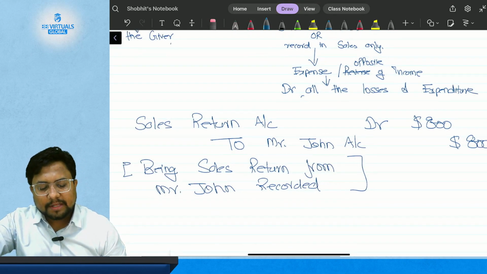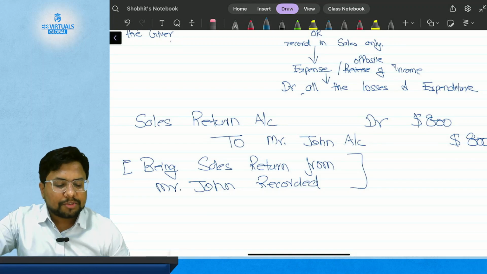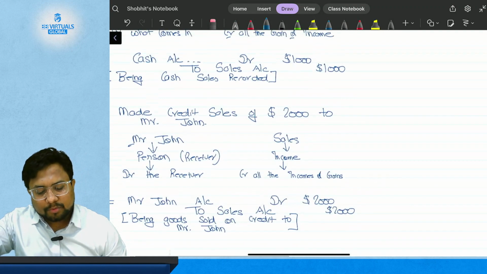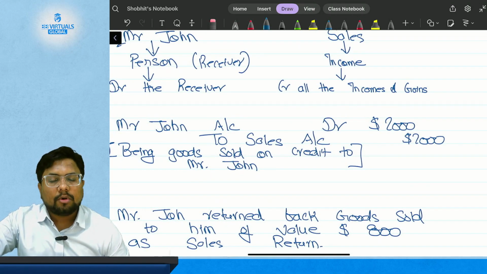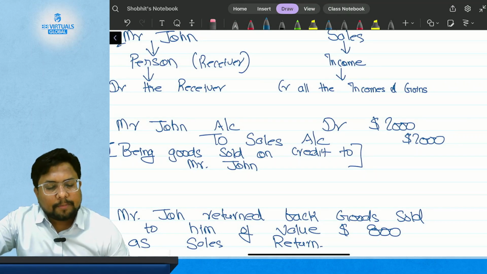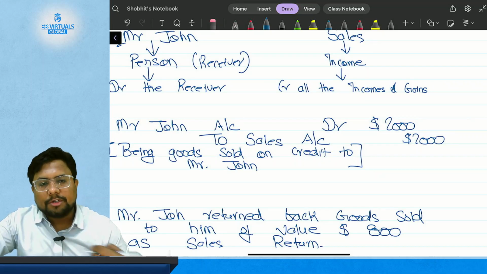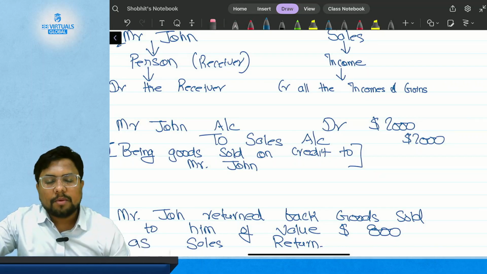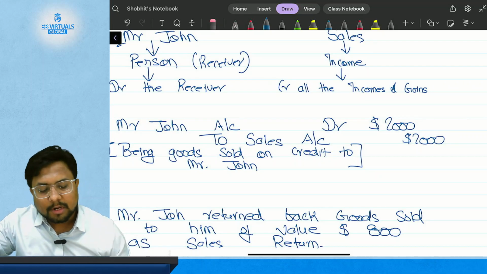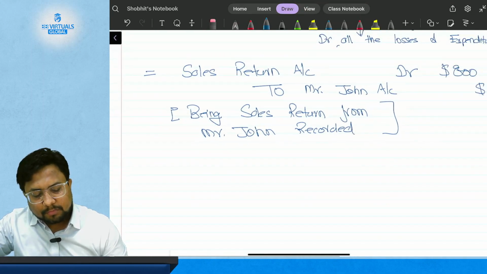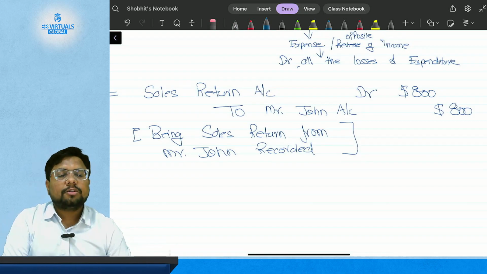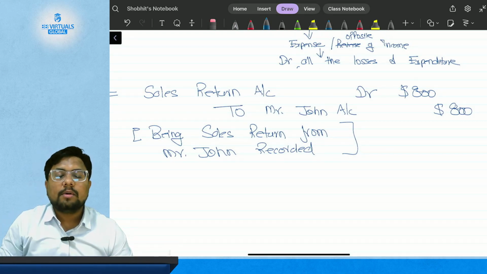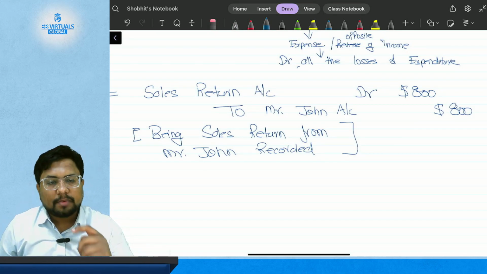So my journal entry is sales return account debit to Mr. John. When I sold goods to Mr. John for $2,000, I had to take $2,000 from Mr. John. So there was a debit of $2,000 because Mr. John is my asset; I have to take money from him. But when he did sale return to me of $800, what amount do I have to take from him now? $1,200, because 2000 minus 800.